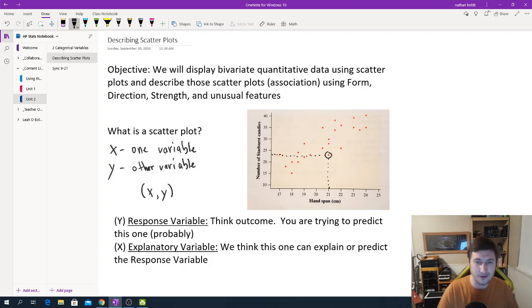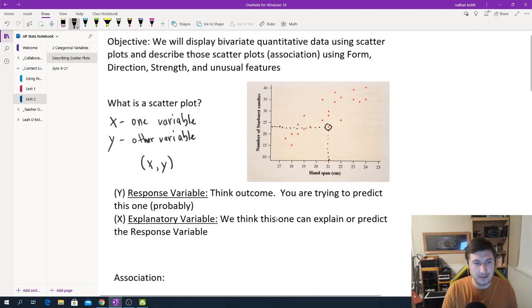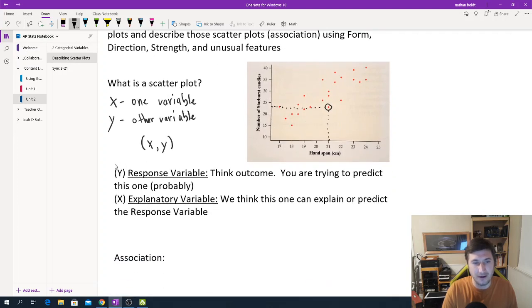Now a little bit more vocabulary for you. We've got special names for the y variable and the x variable. So the y variable we call the response variable. All right, this one up here is the response variable. Think outcome. You are trying to predict this one. Usually, that can get a little wishy-washy sometimes, but it's usually the one you're trying to predict. How are you predicting it?